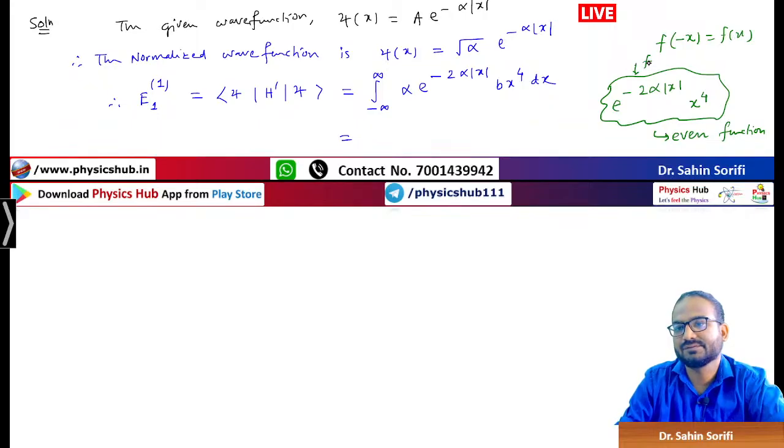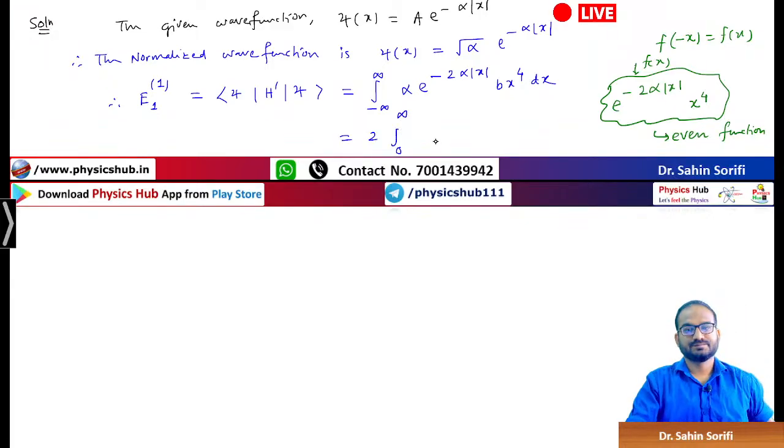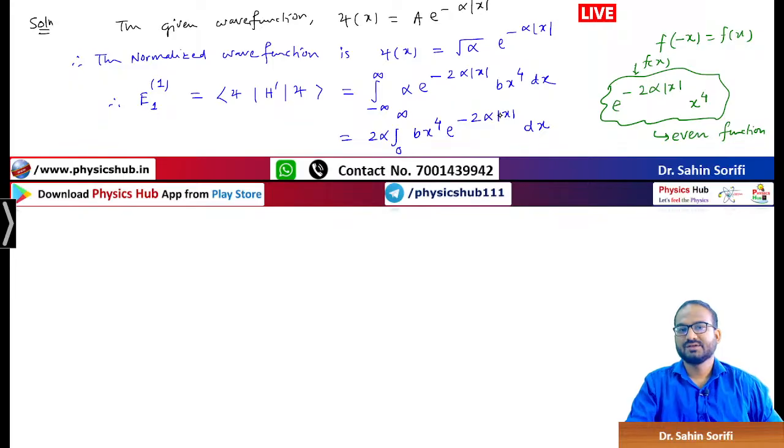That is why it is an even function. If it is an even function, we can write it as 2 times the integral from 0 to infinity of alpha b x to the power 4 e to the power minus 2 alpha mod x dx. Now we do not need to write mod x because we have taken the positive values of x, 0 to infinity, so mod x can be replaced by simple x.